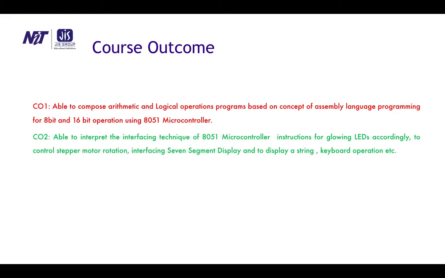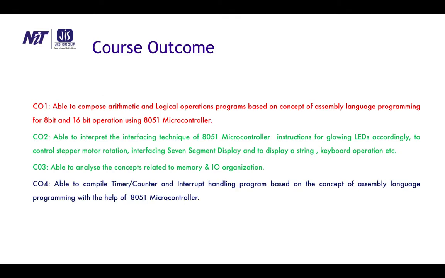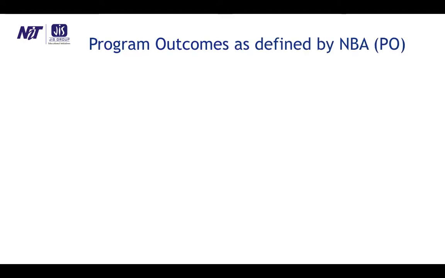CO2: able to interpret the interfacing techniques of the 8051 microcontroller, with instructions for glowing LEDs, controlling a stepper motor, interfacing a 7-segment display, displaying strings, keyboard operation, etc. Able to analyze the concepts related to memory and I/O organization, and able to compile timer, counter, and interrupt handling programs based on assembly language programming with the help of the 8051 microcontroller.